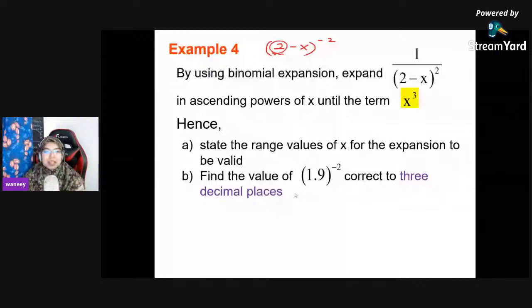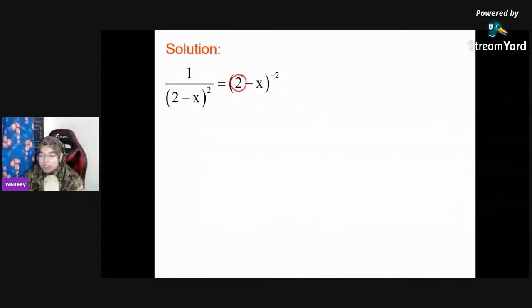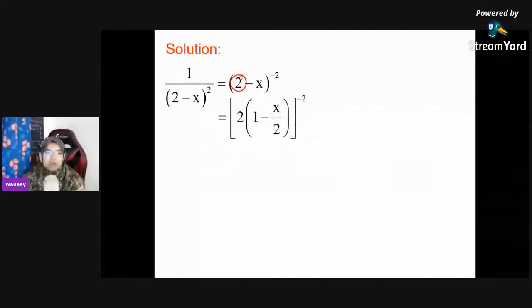Okay, so now let us expand. So we got 1 over 2 minus x squared. So I already told you guys that you should bring them up. So we are going to get 2 minus x to the power of negative 2. And then in order to use this formula, instead of having 2, we should factorize the 2 outside. So we will have 2, 1 minus x over 2 to the power of negative 2. And then let us apply the power.